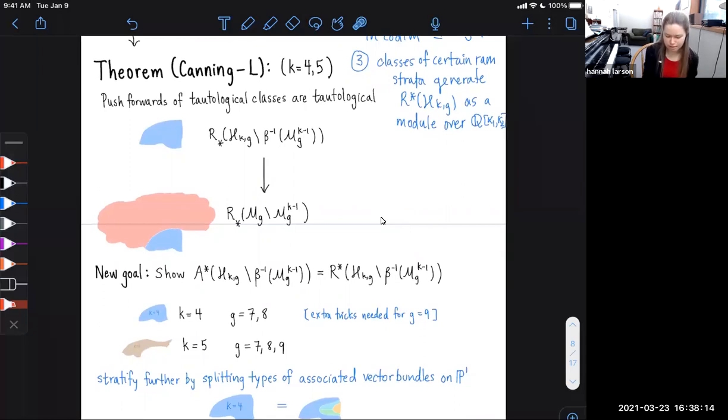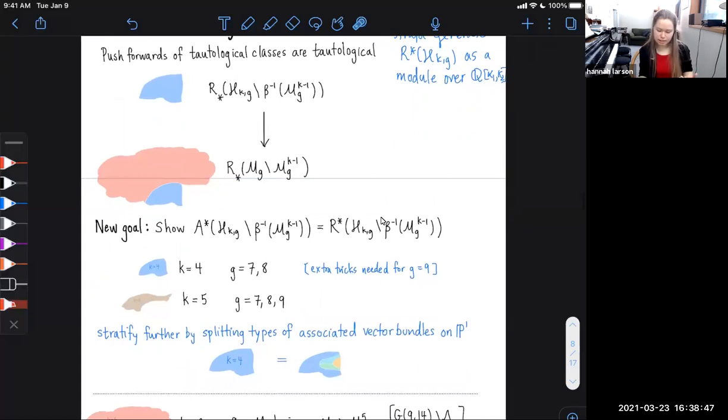So when the gonality is 4 and the genus is 7 or 8, and when the gonality is 5 and the genus is 7, 8, or 9. In the case when K equals 4 and the genus is 9, we actually proved something weaker than this, and we needed some extra tricks to show that this was still sufficient to see that all classes push forward to tautological classes.